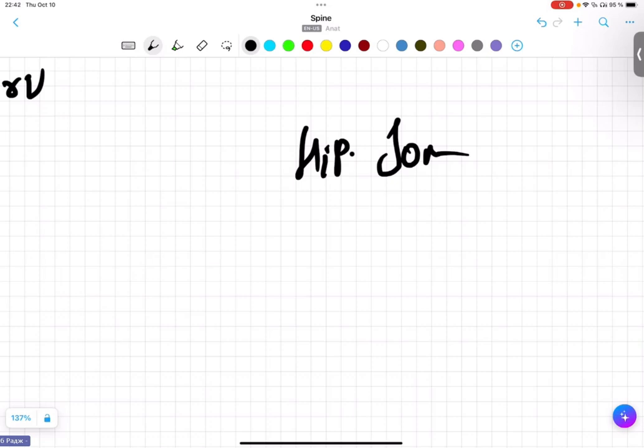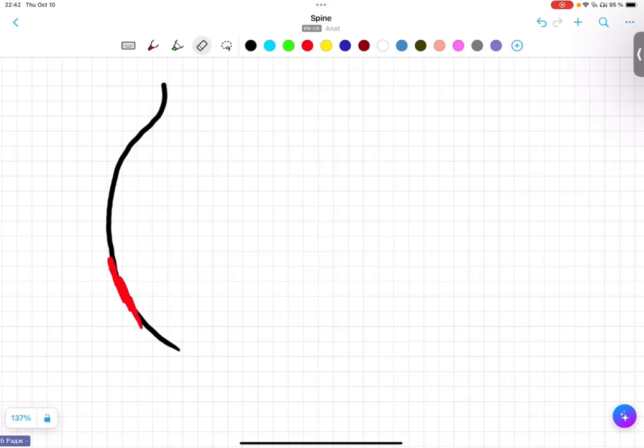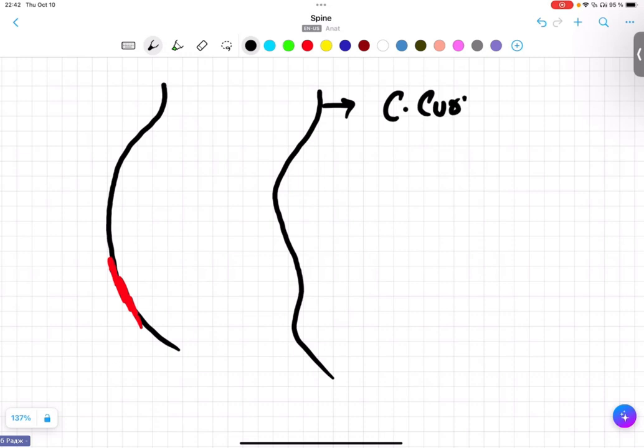Don't memorize all this, I'm just telling you that those muscles will act on your lumbar vertebrae, right? So now you will develop one more curve. This was your cervical curve, and this is now the lumbar curve.